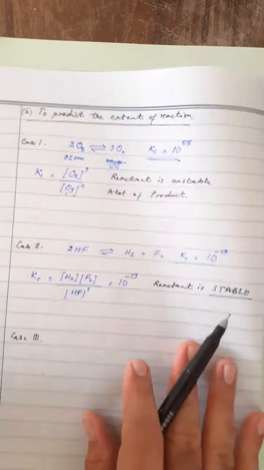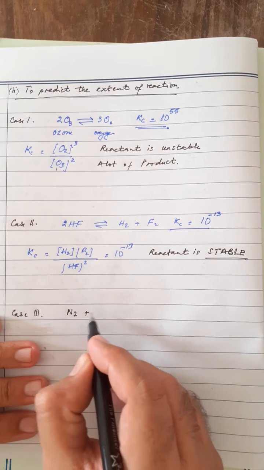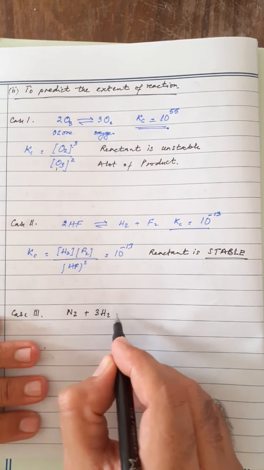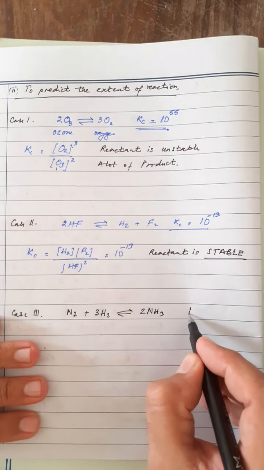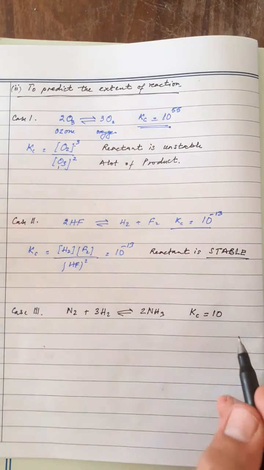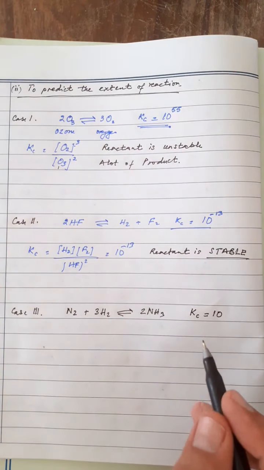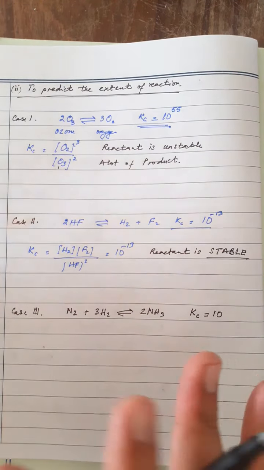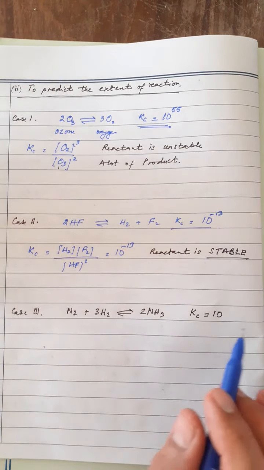All right. Now, let me show you another one. Nitrogen plus hydrogen forms ammonia. The Kc of this is 10. Now, Kc like 10, or Kc like 54, or Kc like 4 are moderate. What is moderate?